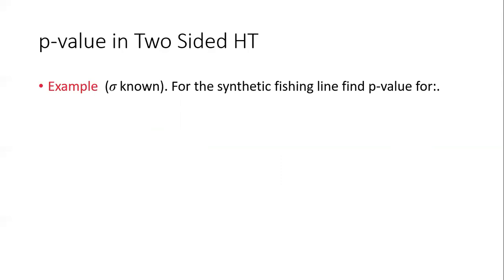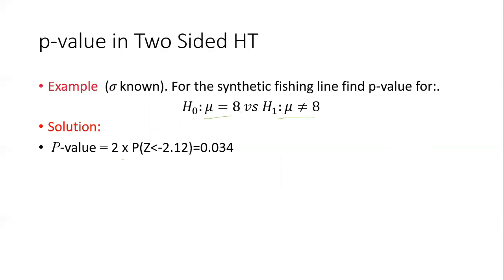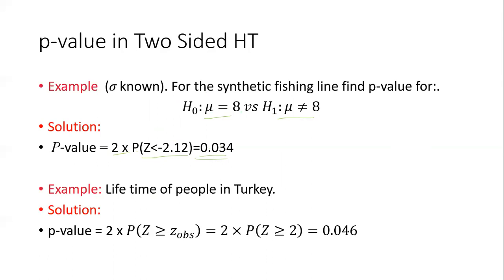So let's reconsider the previous example for the synthetic fishing line: mu is equal to 8 versus mu is not equal to 8. Now the p-value will be 2 times the probability that z is smaller than minus 2.12, which is equal to 0.034. Similarly, for the lifetime of people in Turkey, I forgot to write the 80.